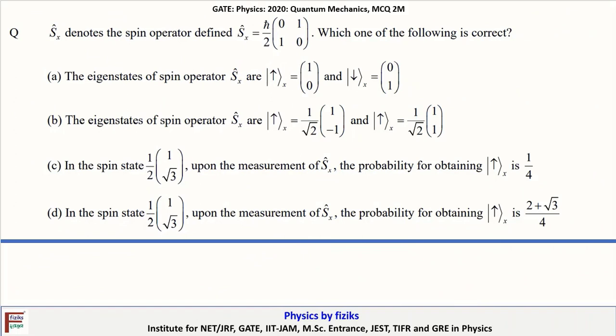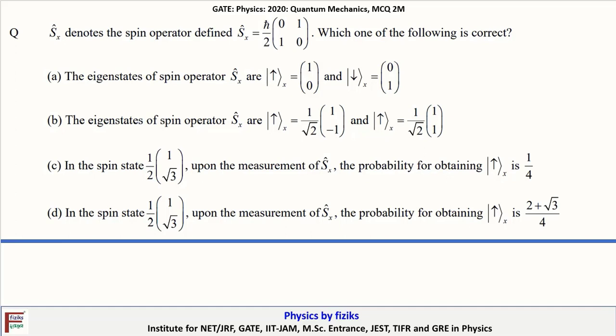In this problem, Sx denotes the spin operator matrix, and the spin matrix corresponding to Sx is given. Now the question is saying: which of the following statements is correct? First, the eigenvectors corresponding to Sx are (1, 0) and (0, 1).